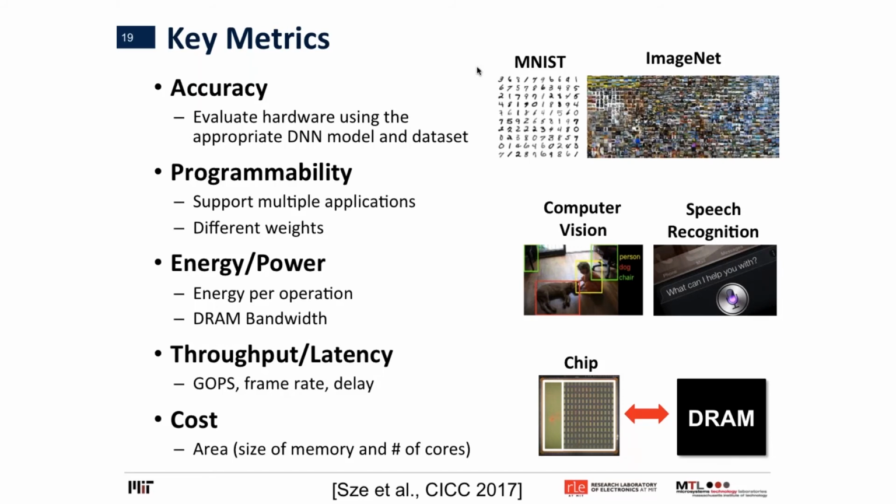The second metric that we care about is programmability. We know that deep learning and convolutional neural nets are used for a wide range of computer vision applications, and in some cases it's also been shown to be useful in other applications like speech recognition. So you want the networks to be very flexible. We saw already that within the network itself, the shapes of the filters can vary. And obviously we want to be able to load different weights onto the system.